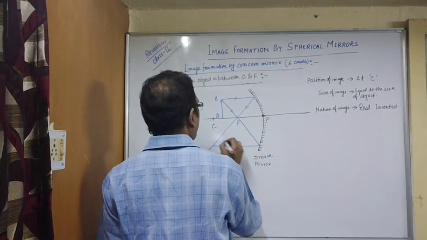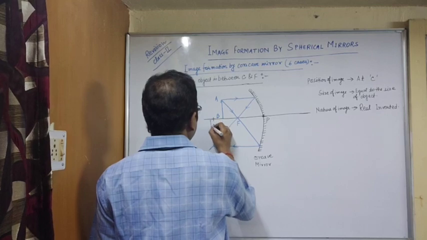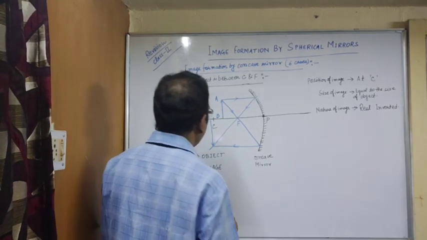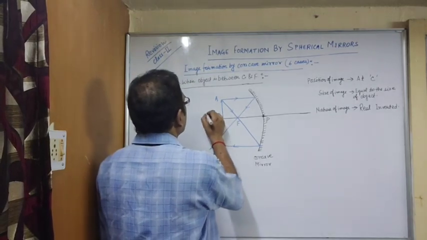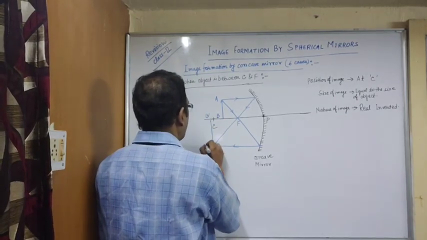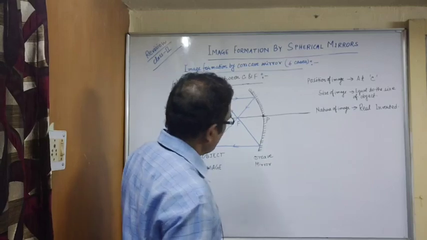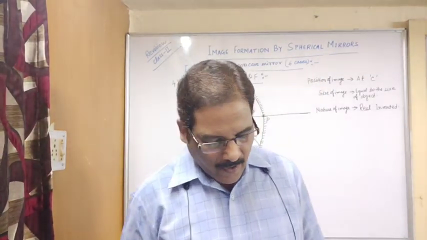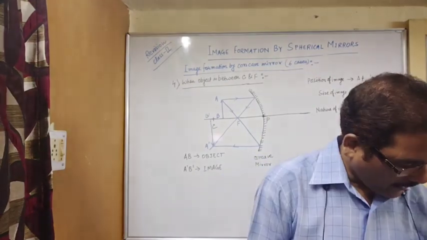And they are meeting somewhere here. So you will get an image B dash A dash, and the position of image this time is beyond C.